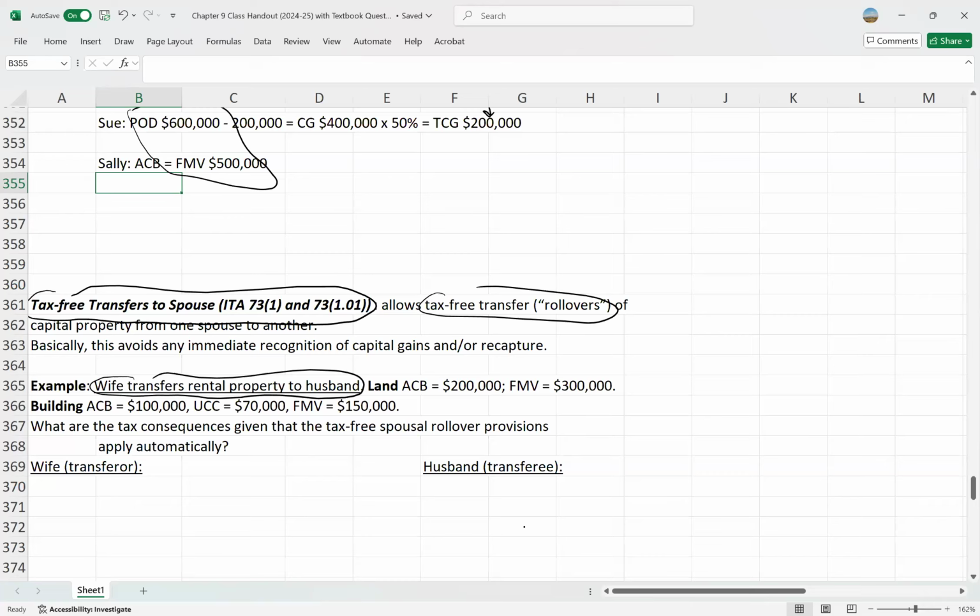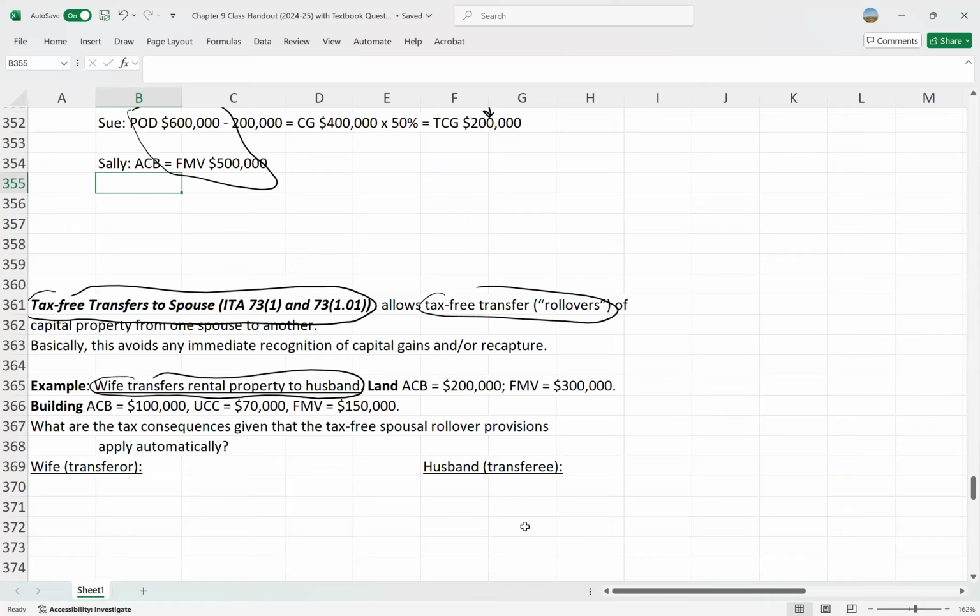But because this is rental property, she just wants to make it easier, so let's take care of the paperwork now while she's still alive. She can help her husband transfer the property from her name to her husband. And so the Income Tax Act allows this to be done tax-free. Now, they could do it with taxes and recognize any gains and recapture, but they want to do it tax-free.